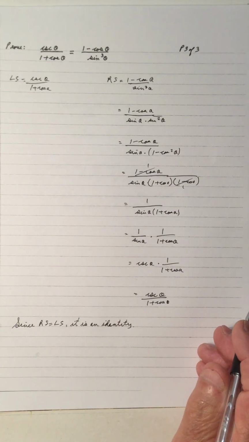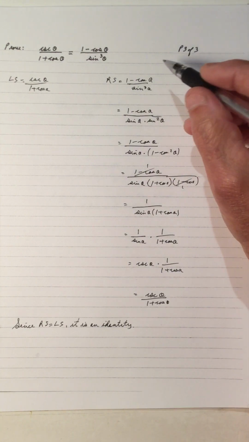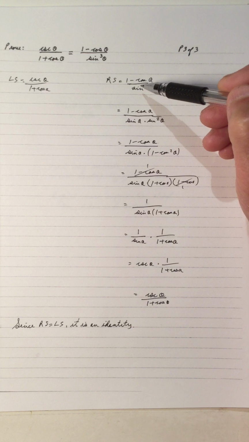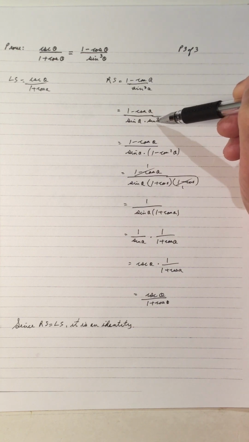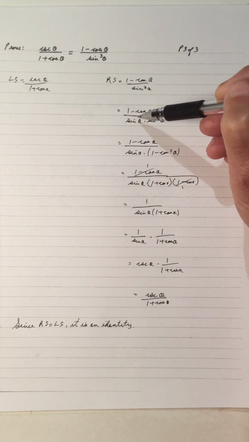So again, this one is a little bit different. I could do either side, but both sides were problematic. The key was, if you did the right side, which was easier, the sine cubed is changed to a sine times sine squared, and the sine squared is factored into 1 plus cos and 1 minus cos.